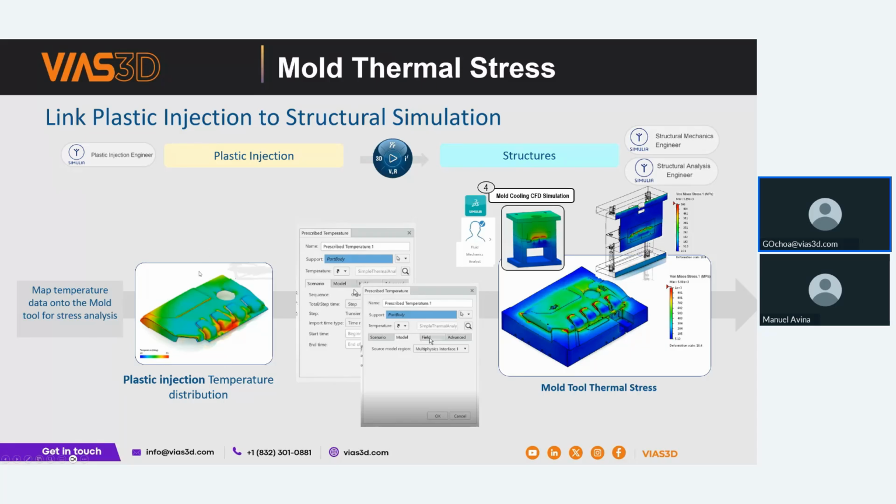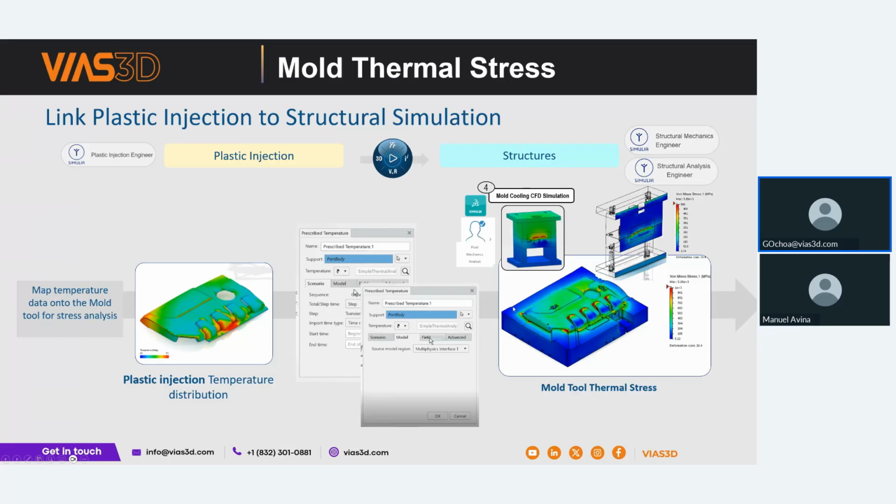the process temperatures, and we can map not just the temperature, but also the pressure inside the cavity and the clamp force to a structural model of the entire mold. And we can map the temperatures to obtain thermal stresses, as well as the clamp force to consider how this is affecting the mold.